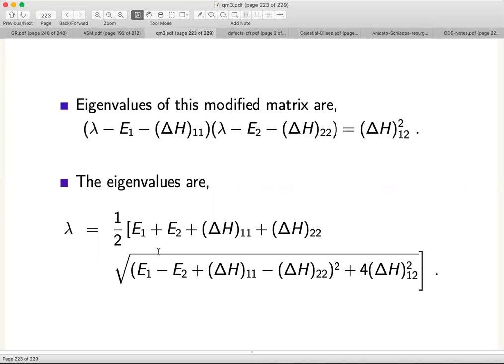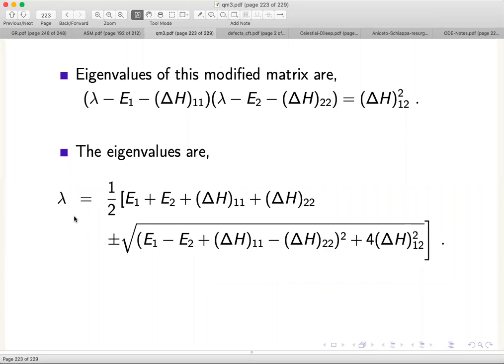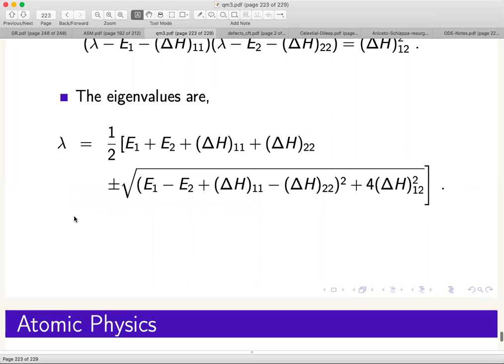The plus minus would appear there. And this is the expression for it. We want to ask under what circumstances we would be able to get some picture of what these eigenvalues are. There are two possible scenarios. One is when E1 minus E2 is large compared to the delta H's appearing inside the square root. Another scenario is where E1 minus E2 is small compared to the delta H's appearing in the expression. We'll look at both of them.